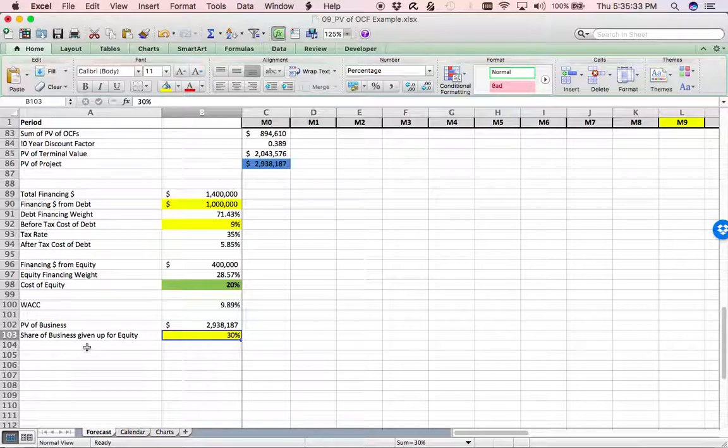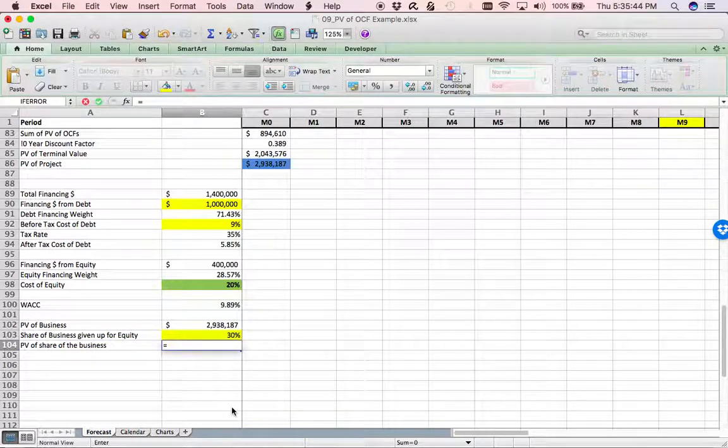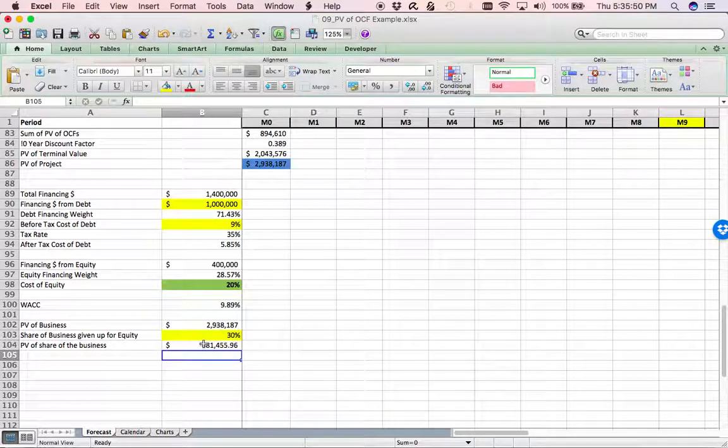And so what does that imply? That implies the present value of the share of the business is simply whatever the total is times 30%, right? And so what that says is that based on your assumptions and based on your debt financing and everything else, I'm offering to give you $400,000, and in return, you're going to give me something that we think is worth $880,000.